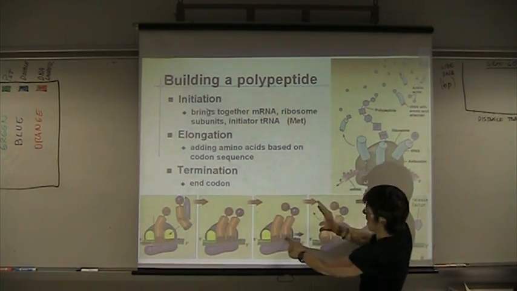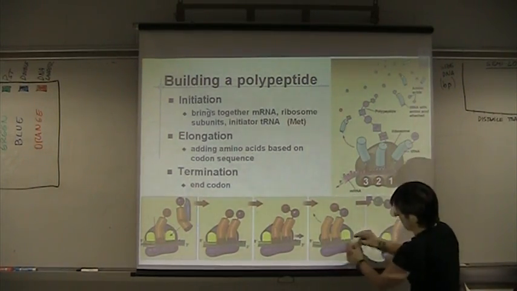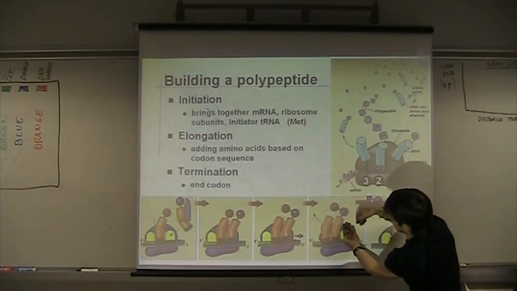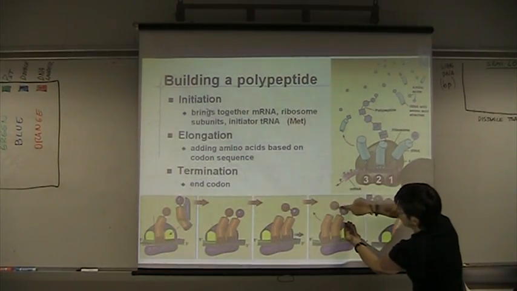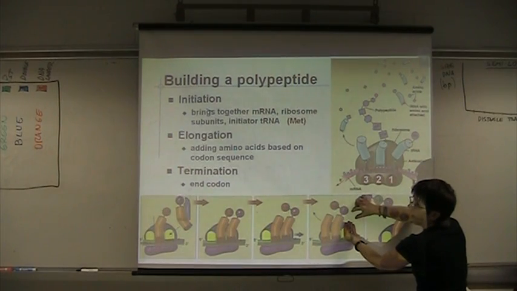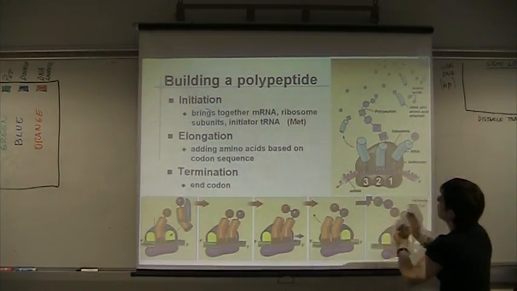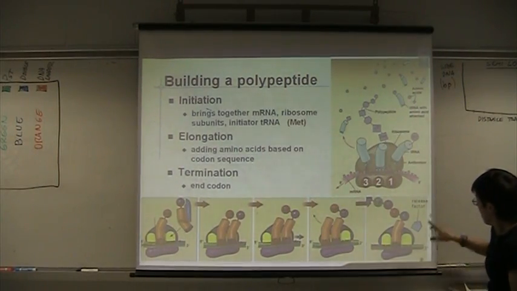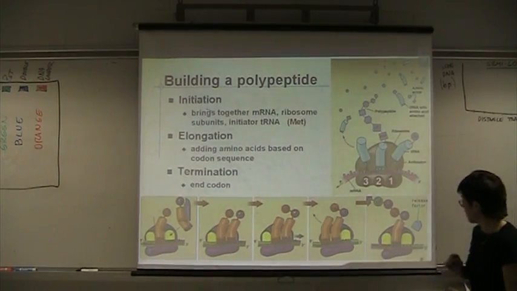Here is going to come another tRNA, and it's going to push these guys over there. This one is going to leave, and then these two amino acids are going to be attached to the next one. And the process keeps on going. They just keep on pushing one after another. So the one that is in the third position is always going to be leaving.